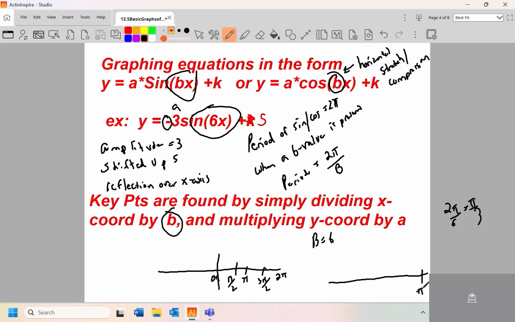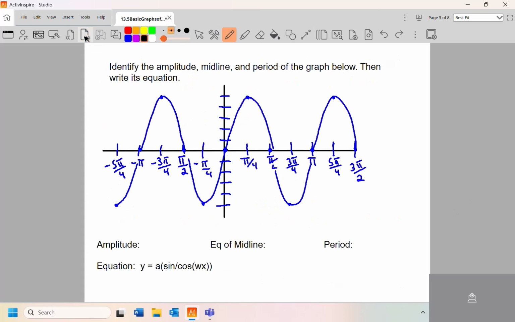Now it goes out to pi over 3. This is still going to be 0. Pi divided by 6 is pi over 6. 3 pi over 2 becomes 3 pi over 12, which is pi over 4. And pi over 2 becomes pi over 12. You can just take your key points and divide them by b, and now you have new key points. So they're really not that hard to work with. Of course, it's the fractions which are going to bug you.